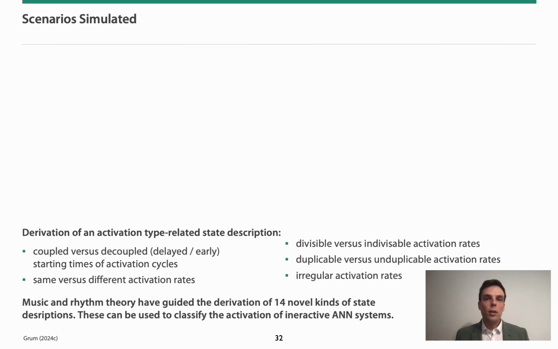A further kind of organization can be identified if the activation rates are the same, divisible, or duplicable. For instance, if a later production site is activated twice as often, half of the activations is not productive. However, if it is activated right at the time, production processes will work as desired.